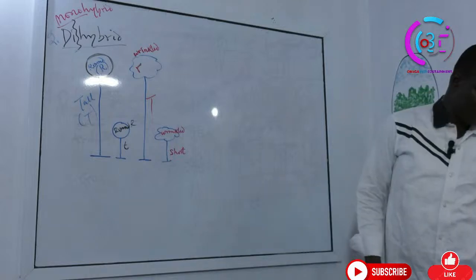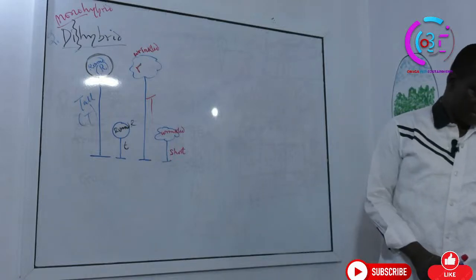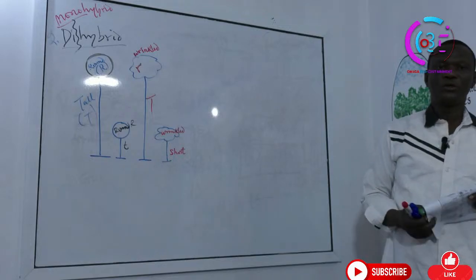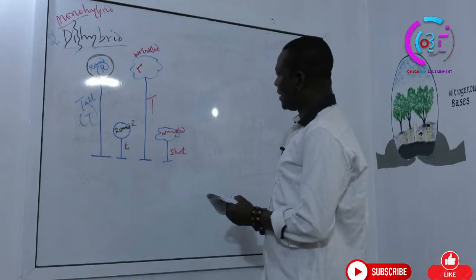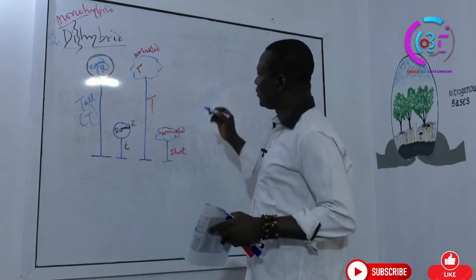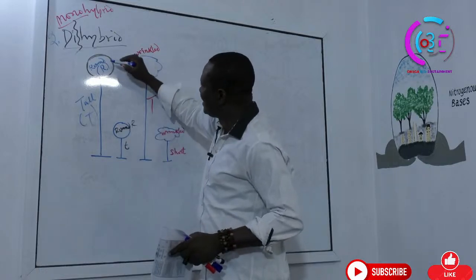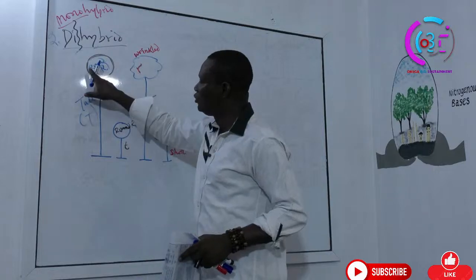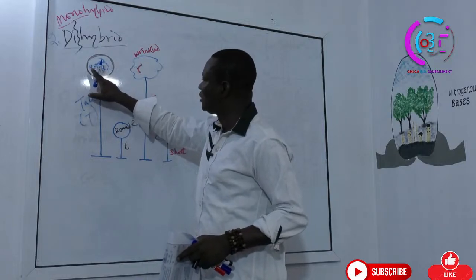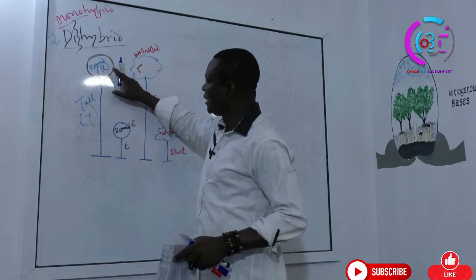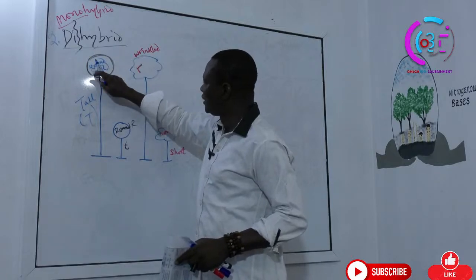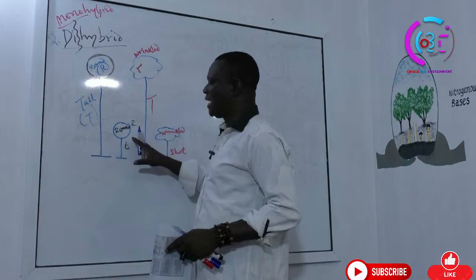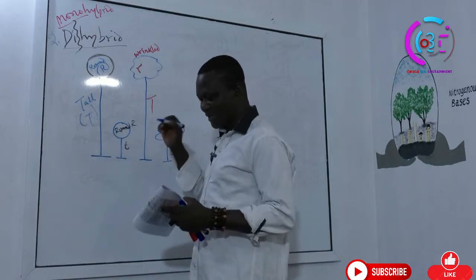What the law says is that during the process of gametogenesis, the chance that the round seed will behave independently of whether it is tall or short. So that's why they call it independent assortment.